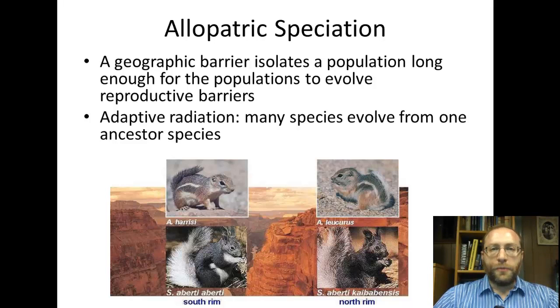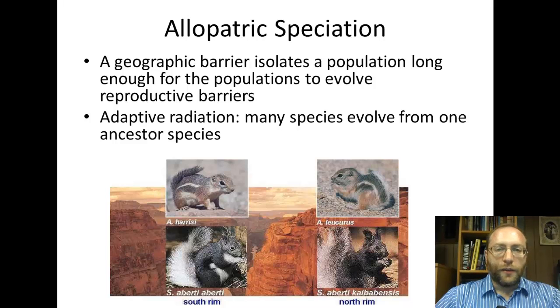Other barriers could be something like a founder effect, where a new island appears, and for example, say a bird flies over there in a storm, lands there, and enough of them land there that a population can exist there, and they're isolated from, say, the mainland, and a new species evolves. That's how we end up with all the Galapagos finches.